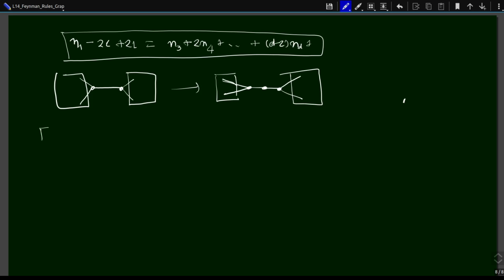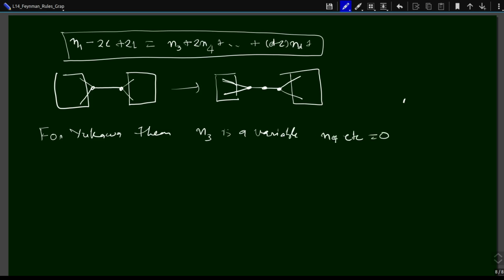So for Yukawa theory, here I can just say n3 is a definite variable, and n4 etc. is equal to 0.